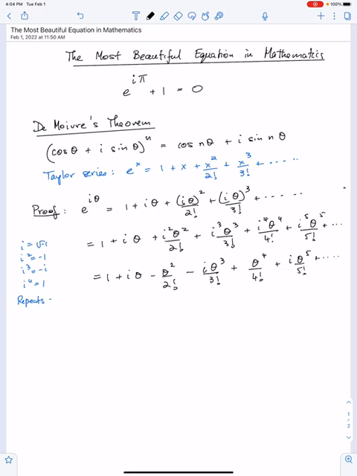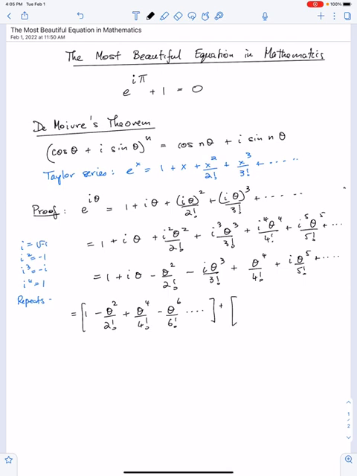So now I'm going to group together the odd and the even powers. So this would be 1 minus theta squared over 2 factorial plus theta to the 4th power over 4 factorial, and so on. You can write another term here, minus theta to the 6th over 6 factorial, and the other terms, right?